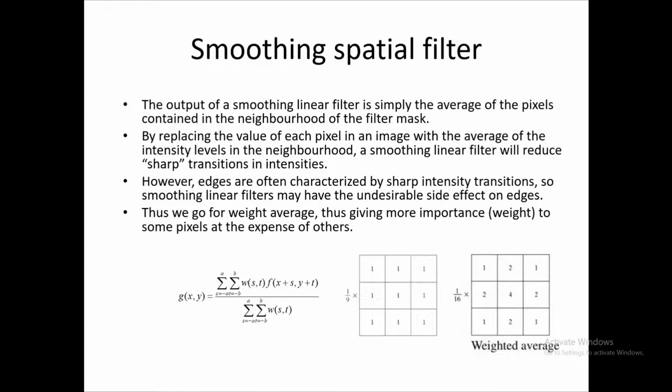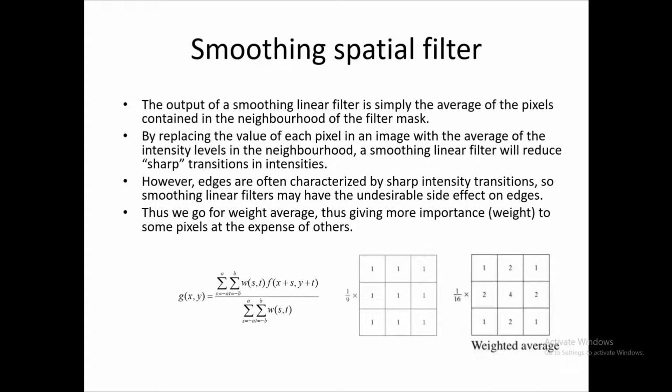By replacing the value of each pixel in the image with the average of the intensity levels in the neighborhood, a smoothing linear filter will reduce sharp transitions in intensities. However, edges are often characterized by sharp intensity transitions, so smoothing filters may have an undesirable side effect on edges. That means the edges of images may get blurred. Thus we go for the weighted average.